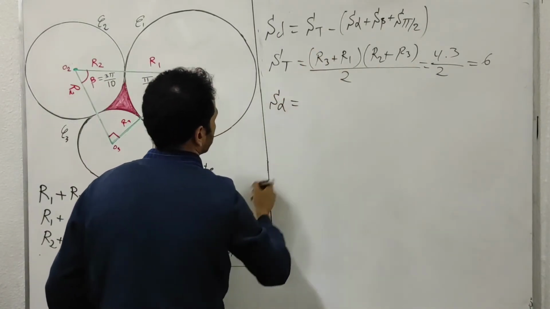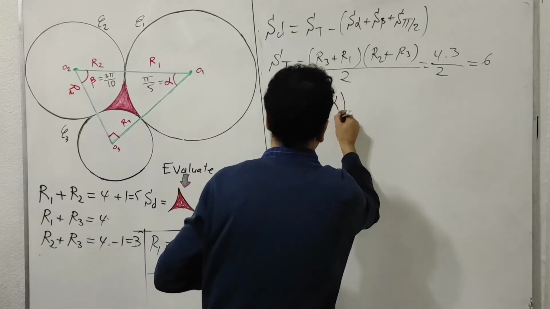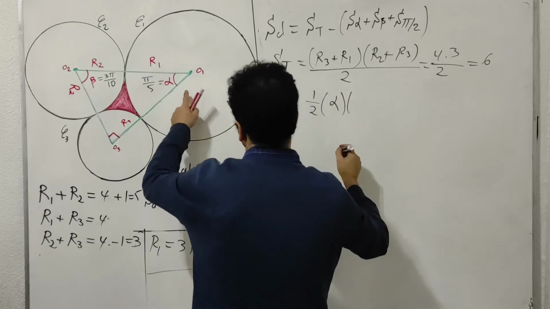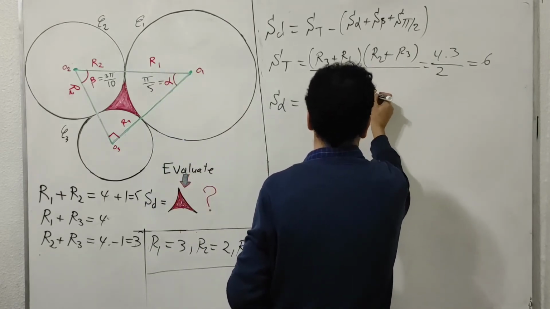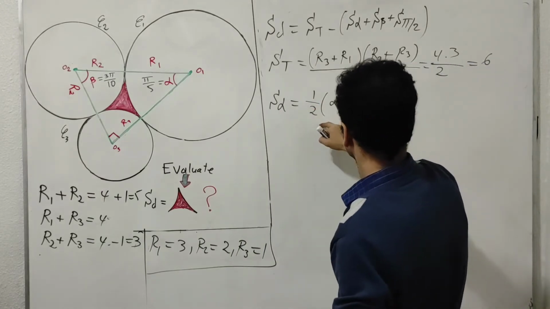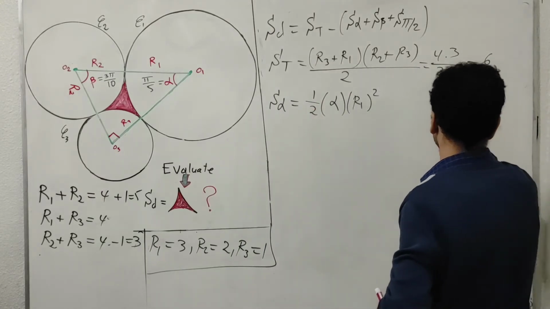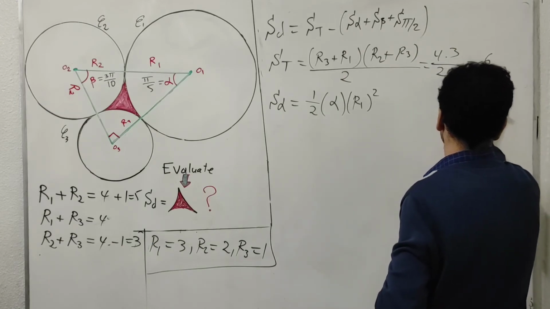We know S alpha equals half multiplied by the angle alpha multiplied by the radius squared of this one, which is R1 squared. I put this half because we know the area of the circle is pi r squared.